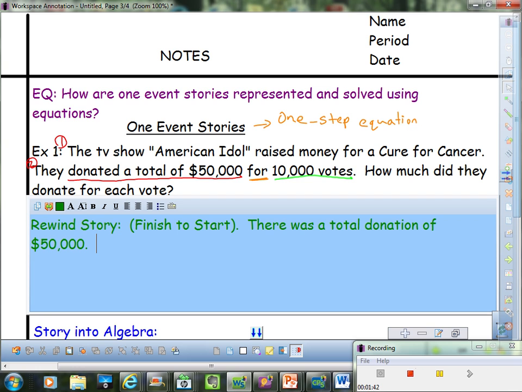That was because of what? I can't just write 10,000 votes though, because that's not a complete sentence. Okay. So the total donation was a result of what? Result of the what? So the total donation was a result of the 10,000 votes.